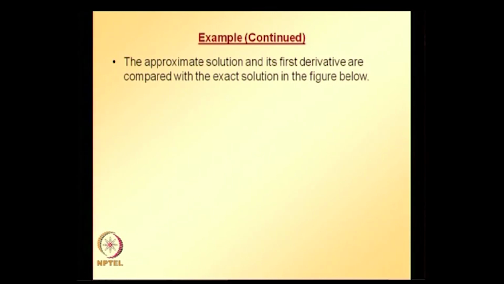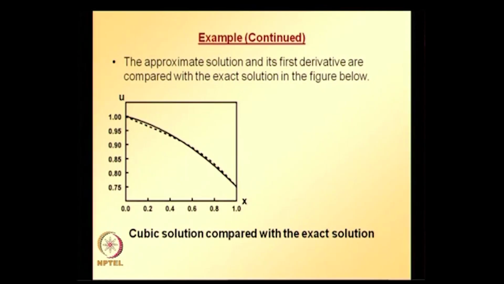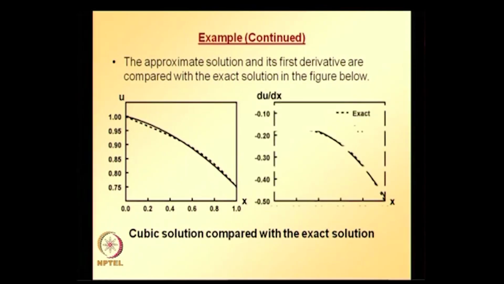Here the plot shows how the approximate solution's first derivative compares with the exact solution for the cubic trial solution. If you recall, earlier with the quadratic trial solution there was a lot of error at this location and at this location; now the error got reduced.